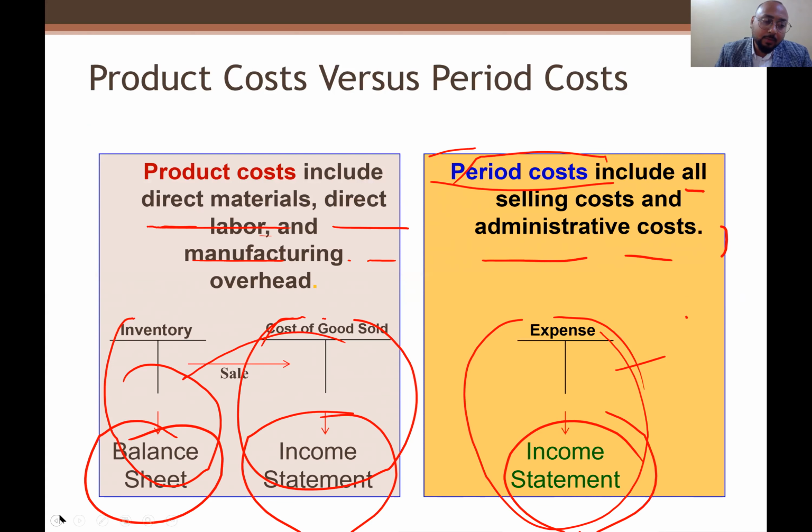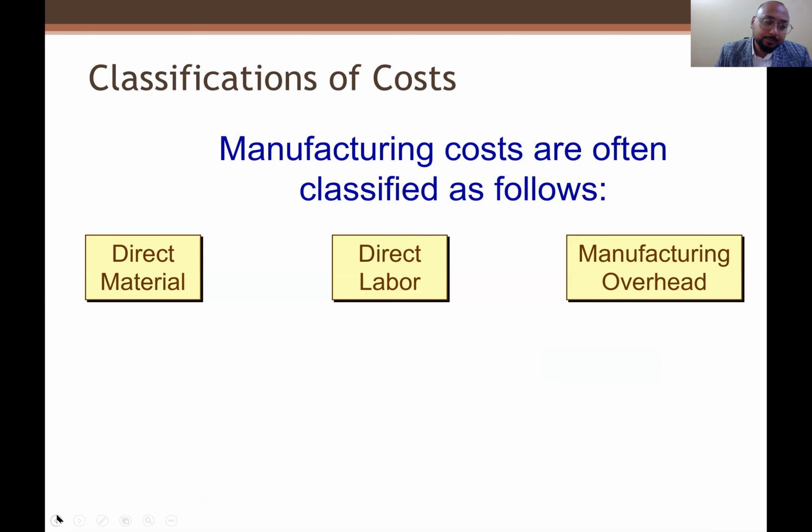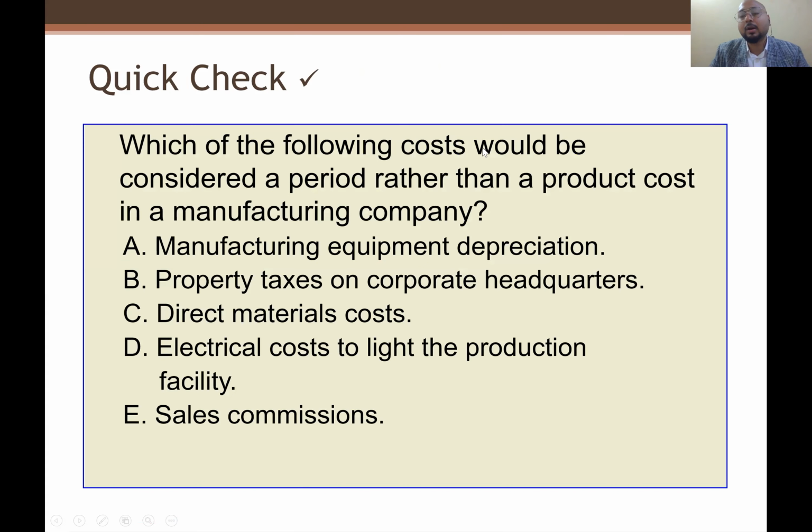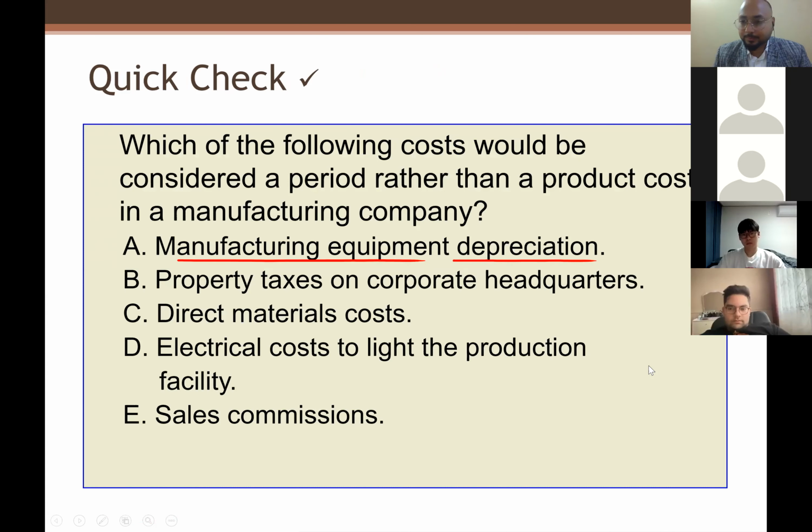Now our previous example. Which cost is product and which cost is period cost? Manufacturing equipment depreciation, is it product or period? Guys, do participate. Product. Why product?